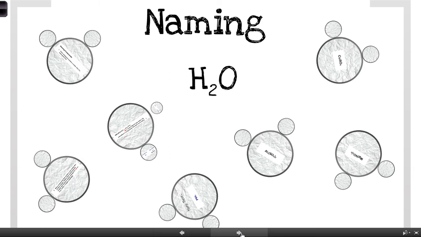You just have to check that the metal's name always goes first. The ending of the other one, if it's just the two of them, changes to "ide," and if oxygen is hitching a ride too, then the ending is "ate" instead of the "ide." So pretty straightforward, pretty cool.